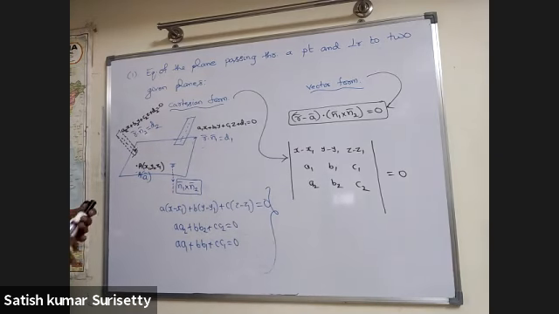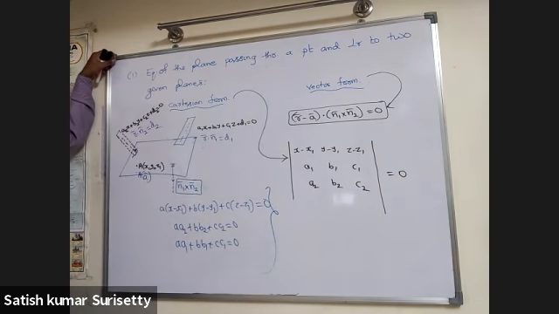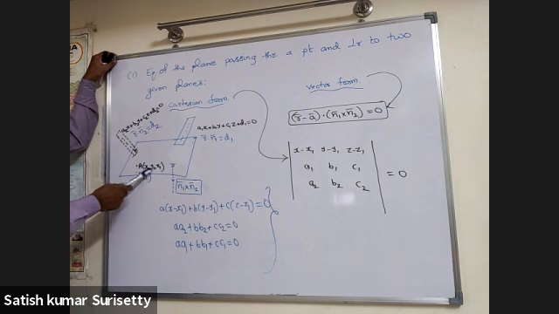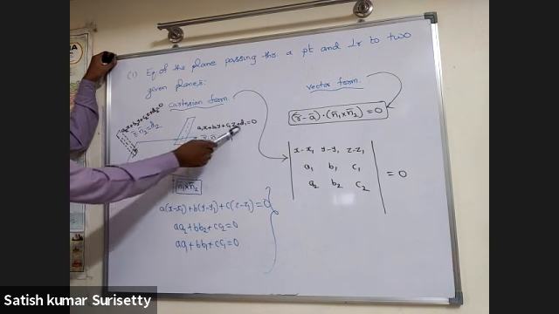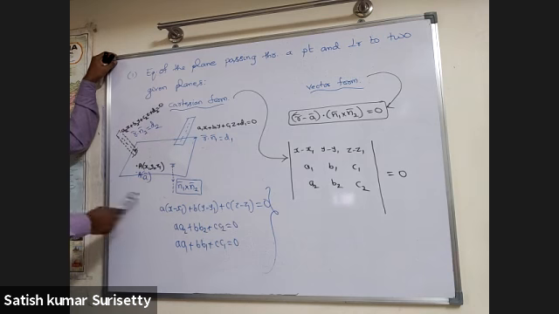So, the equation of the plane passing through a point and perpendicular to two given planes. Let us take a point (x1, y1, z1) and two planes a1x plus b1y plus c1z plus d1 equal to 0 and a2x plus b2y plus c2z plus d2 equal to 0. In vector form, r bar dot n1 bar equal to d1 and r bar dot n2 bar equal to d2.